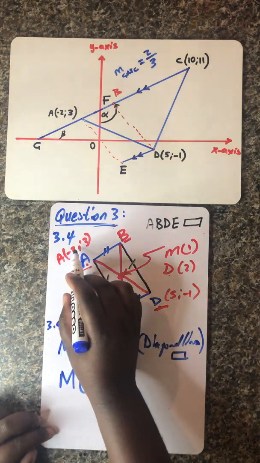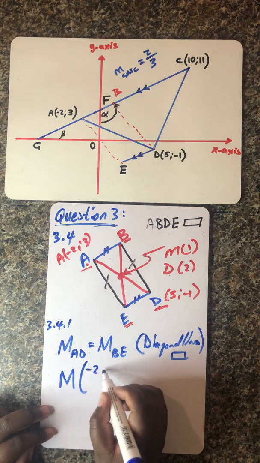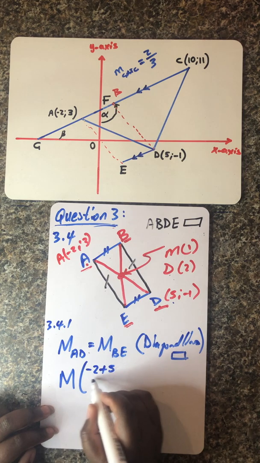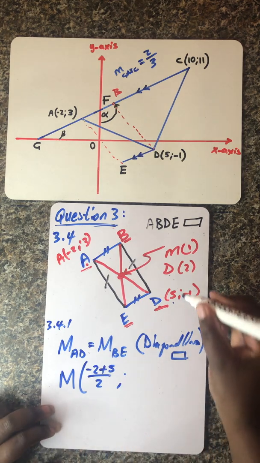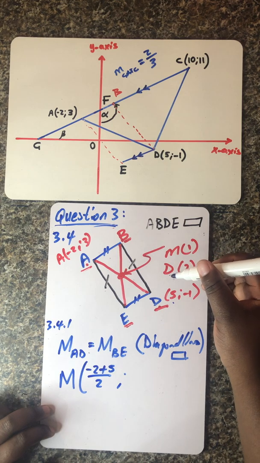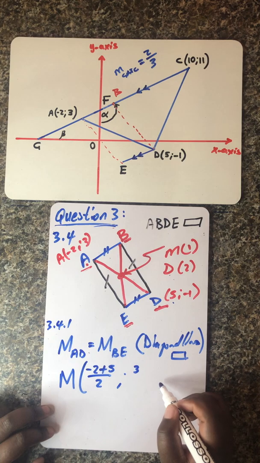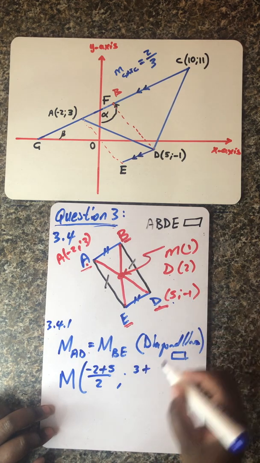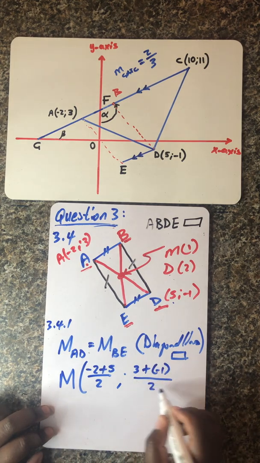The x value is -2, then you can just say -2 plus the second x value there, which is 5, over 2. And again, we've got the y1, which is 3, plus the y value there, which is -1, over 2.